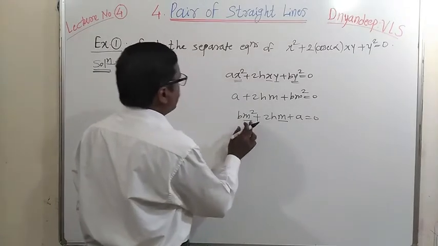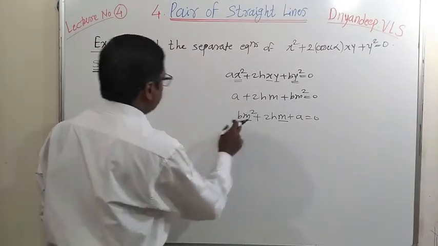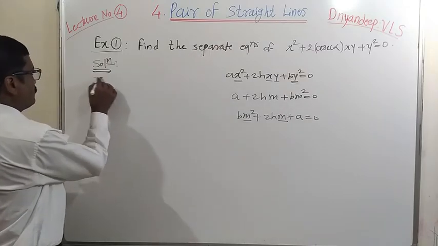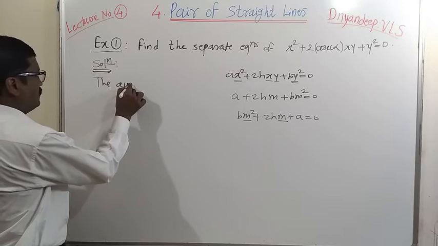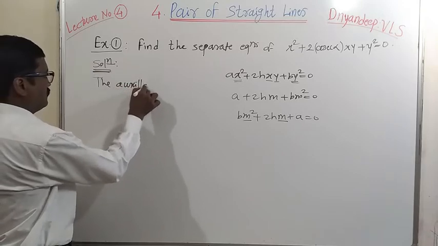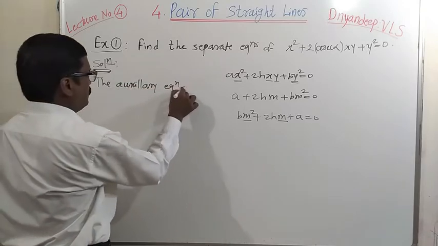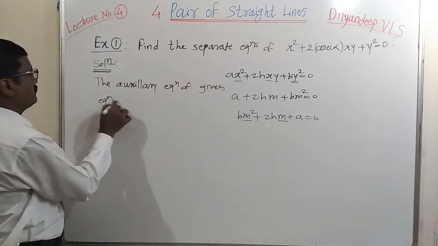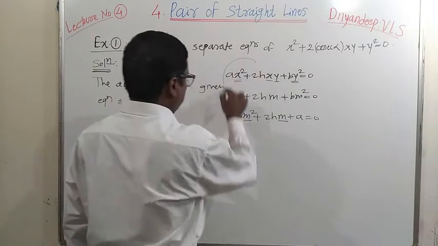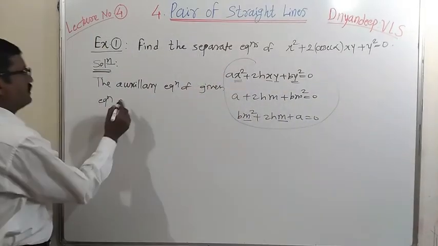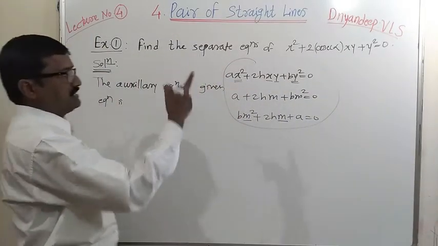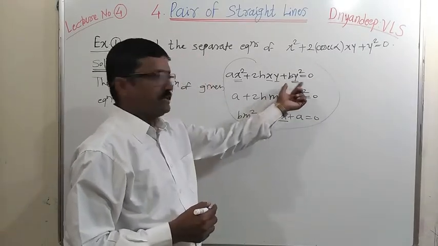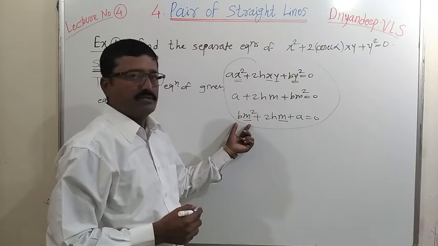Here convert this equation into this auxiliary equation. So the auxiliary equation of the given equation is, this is the required part. Instead of y square, here in the auxiliary equation we get bm square.